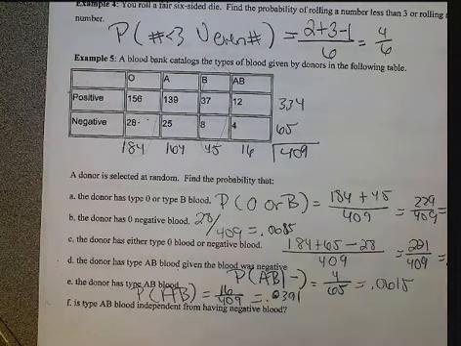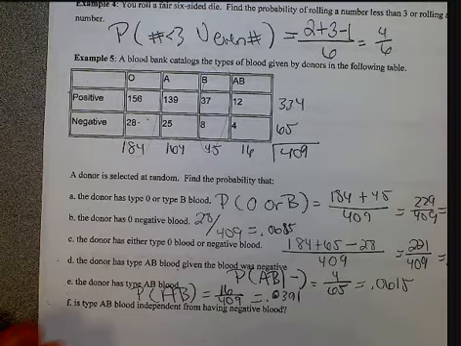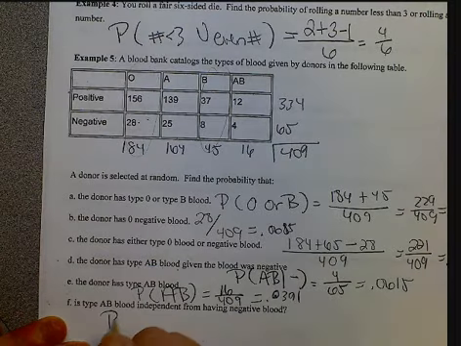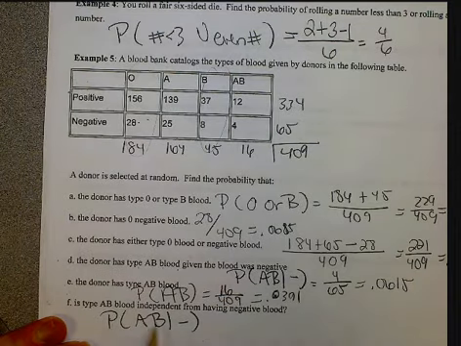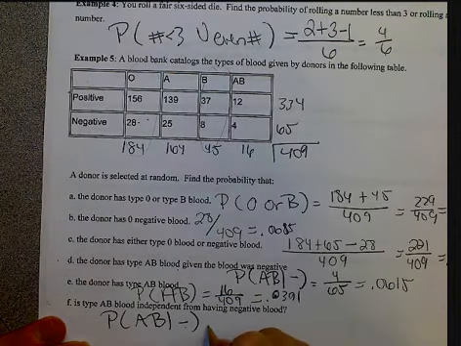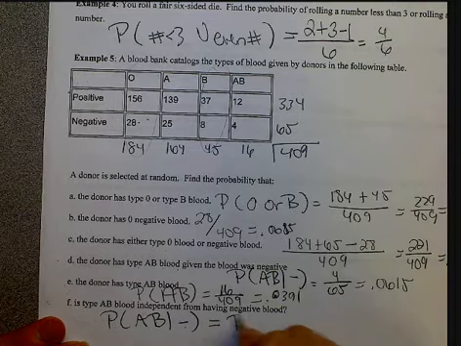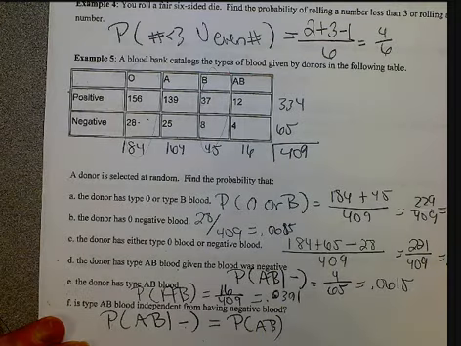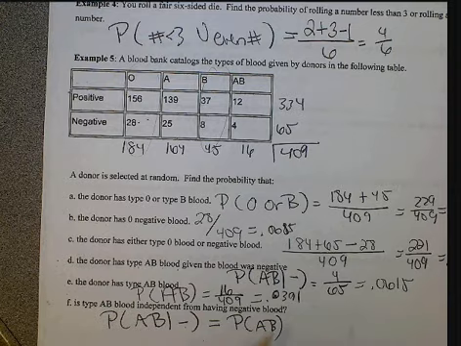Then we're asked the question, is type AB blood independent from having negative blood? Well, remember what that means is the probability of AB given negative, if they're independent, would be the same as just having AB. And what that means is the fact of whether your blood is positive or negative does not impact the fact that you have AB blood.